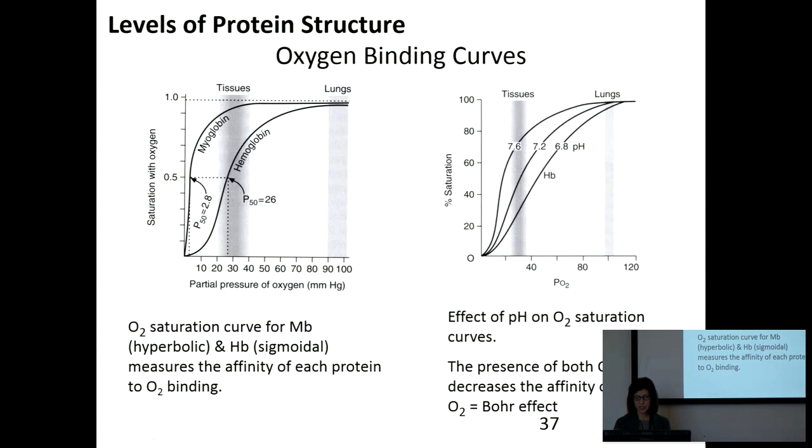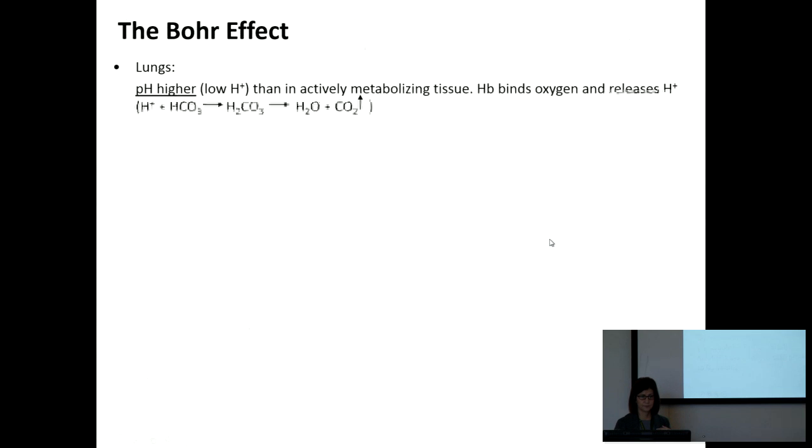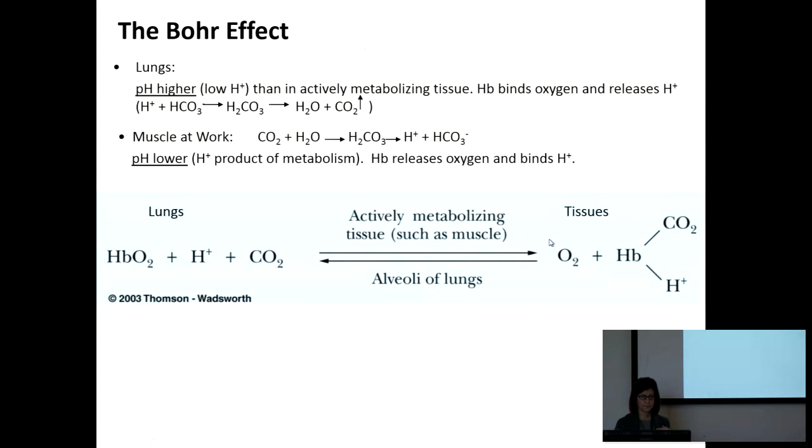Same to do with the carbon dioxide as well. So if you have carbon dioxide and hydrogen ions around, you are going to drop oxygen. If you don't have hydrogen ions and carbon dioxide around, you're going to pick up oxygen. To answer this question on the test, you don't have to write down this.